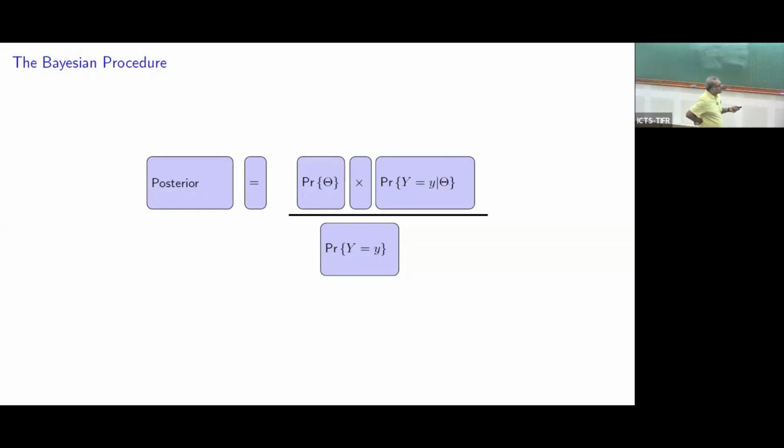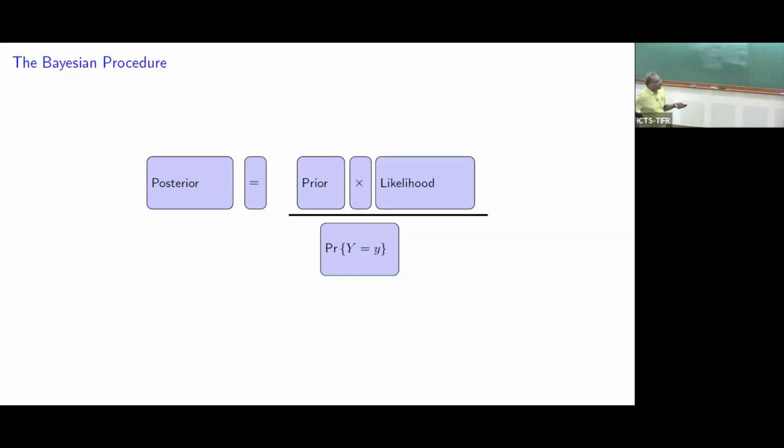You have a posterior, which is the revised belief that we have. That is the product of the prior, which is what we start out with, this function here. And this is the probability of seeing some data given that your parameter, like the coin bias here, has taken some value. This is called the likelihood function.